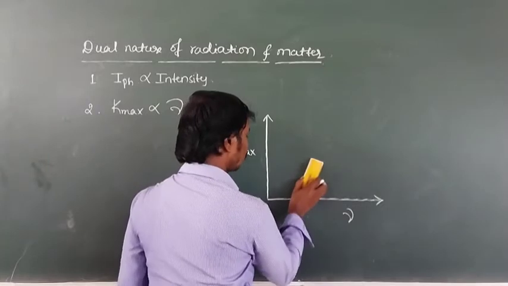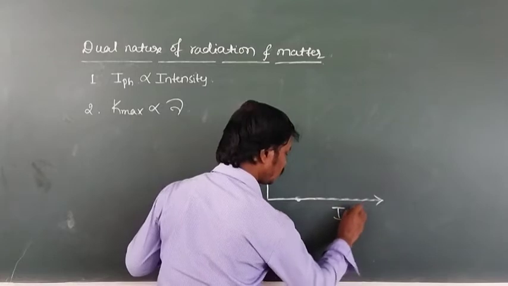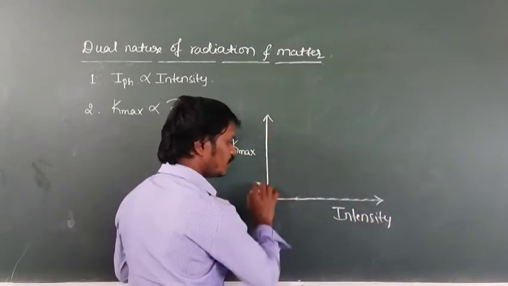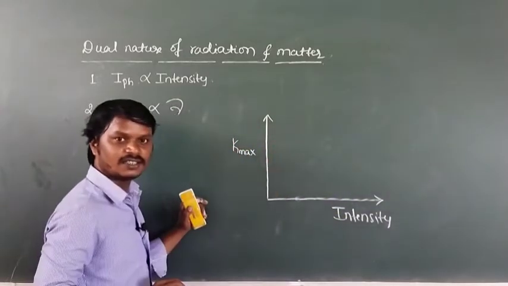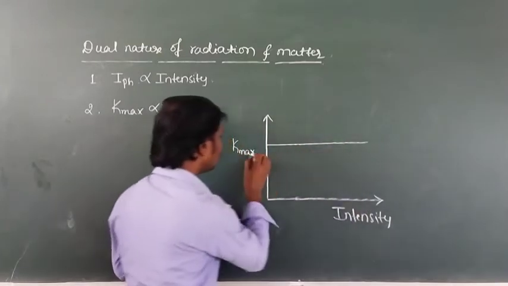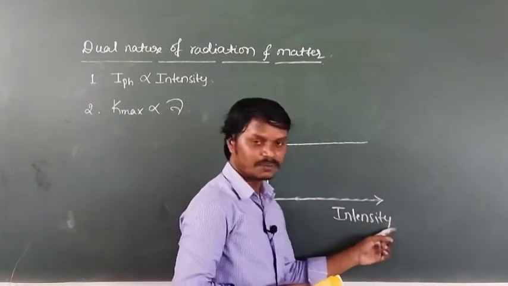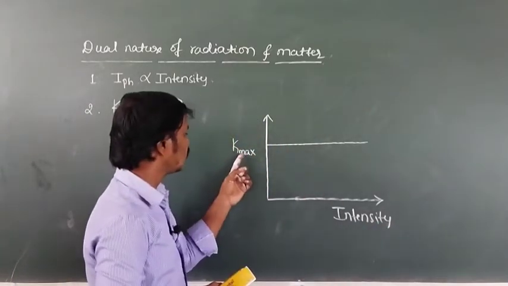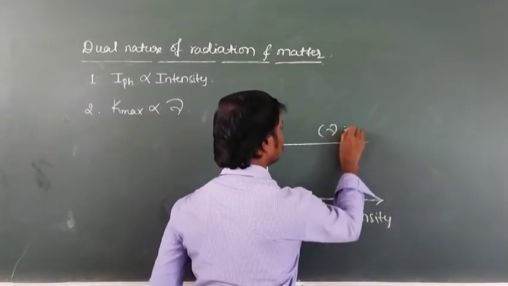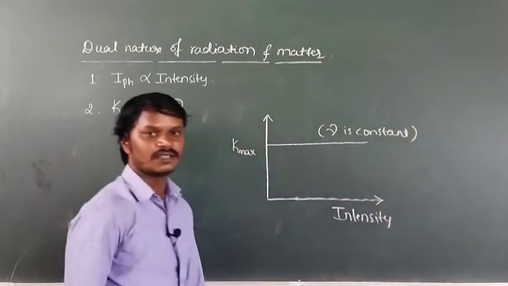Here, along the x-axis I will take intensity. If we increase the intensity of incident radiation, the kinetic energy of ejected electrons remains constant because the frequency is kept constant. So this is the graphical representation.